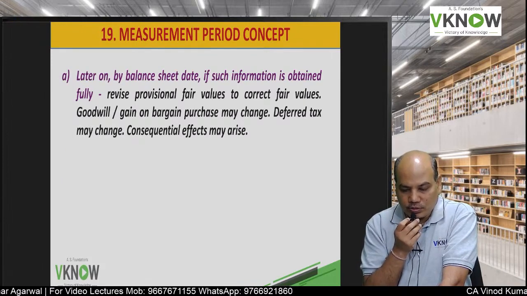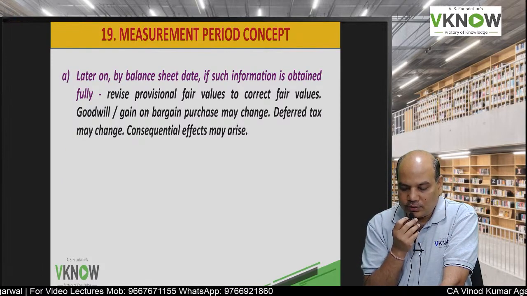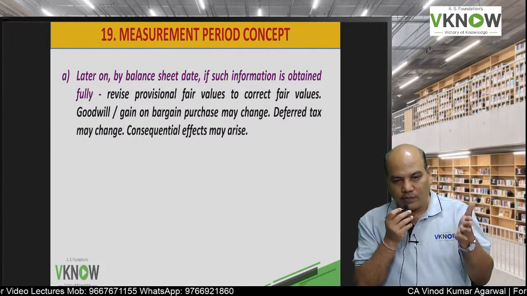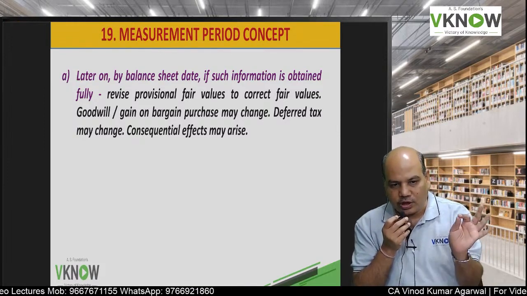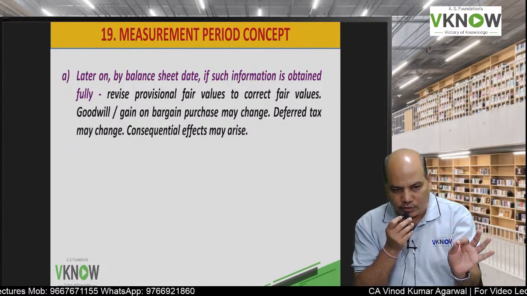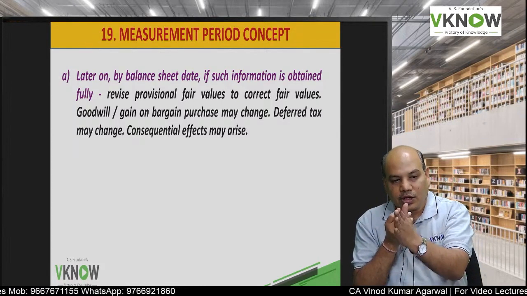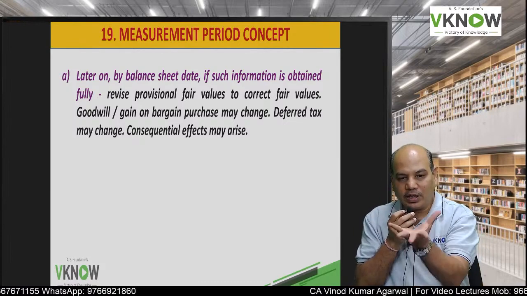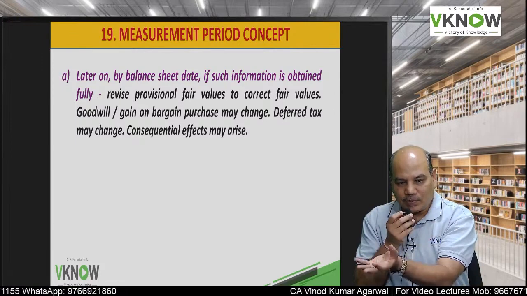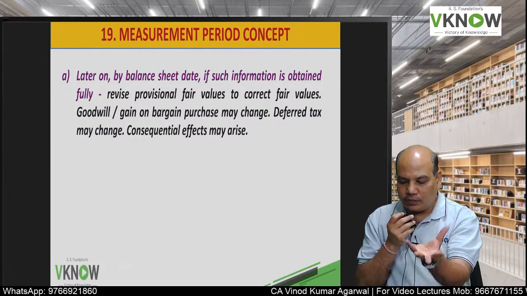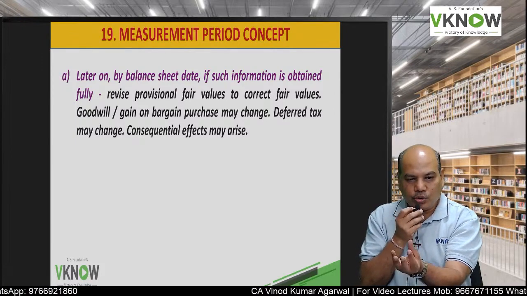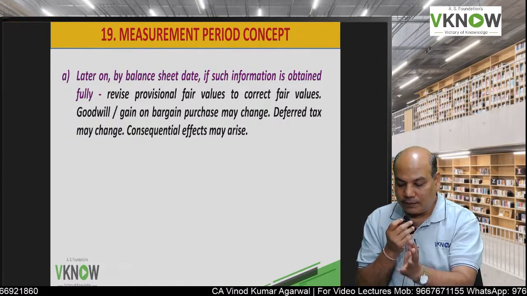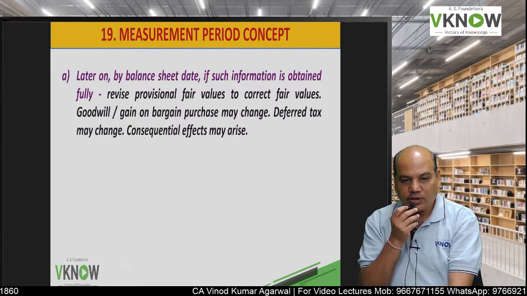After that, suppose by the balance sheet date, the information is obtained fully. So we have discussed the date, 1st January 24 date of acquisition, 31st March 24 information is fully available. So now you can update the figure of asset and liability. When you will update the figure of asset and liability, possibly goodwill or capital reserve may change, and also deferred tax adjustment may take place.